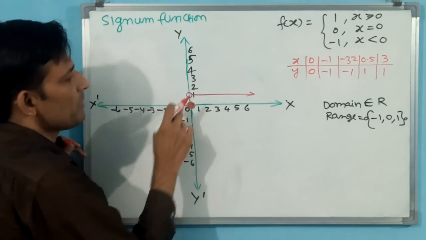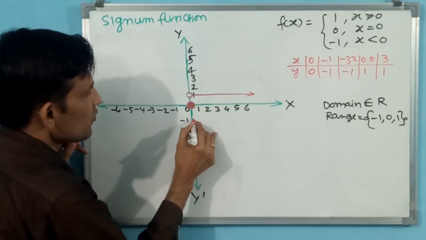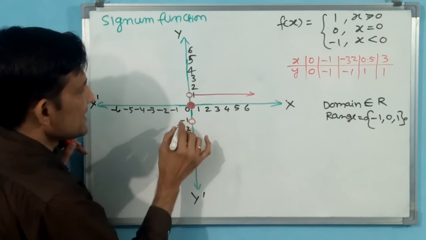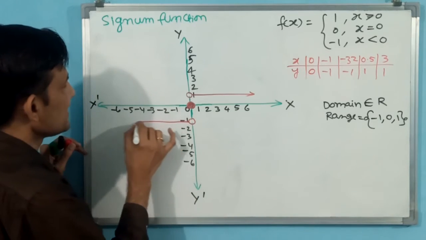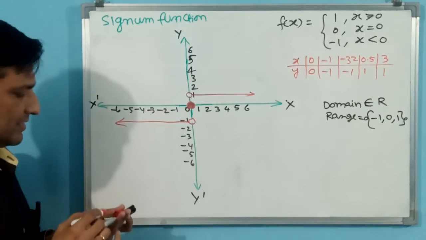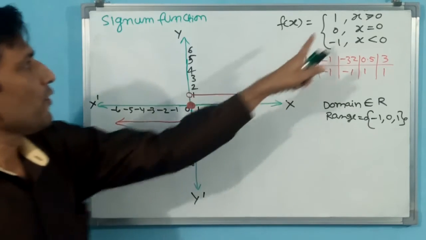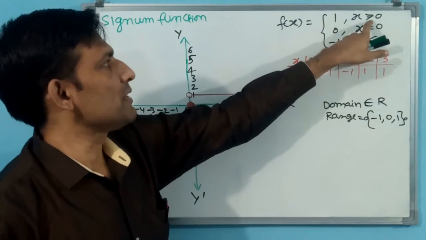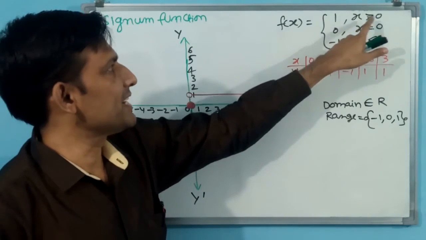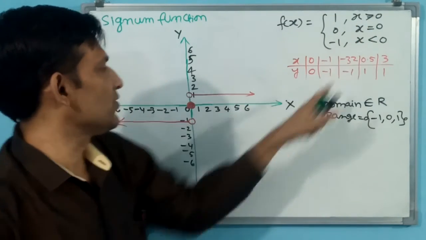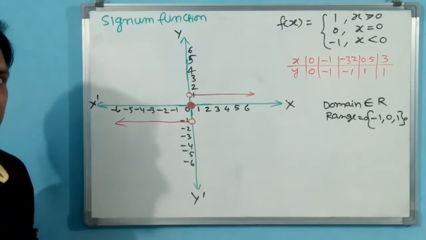That is why you give an open bubble. Here also you give an open bubble. You understand now why I have given open at 1 and minus 1. The equal to symbol is not there: x is greater than 0, x is less than 0. That is why open bubbles, open interval.